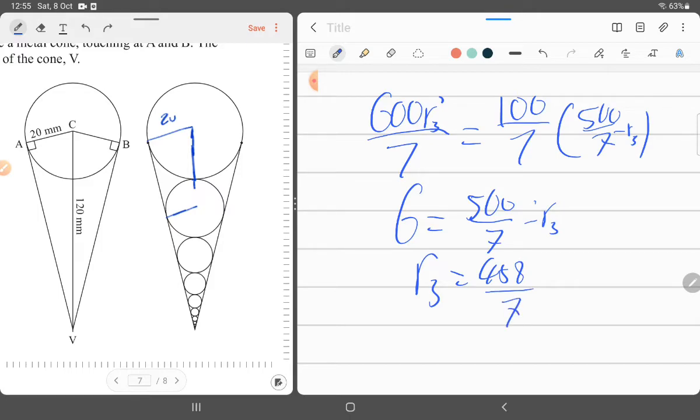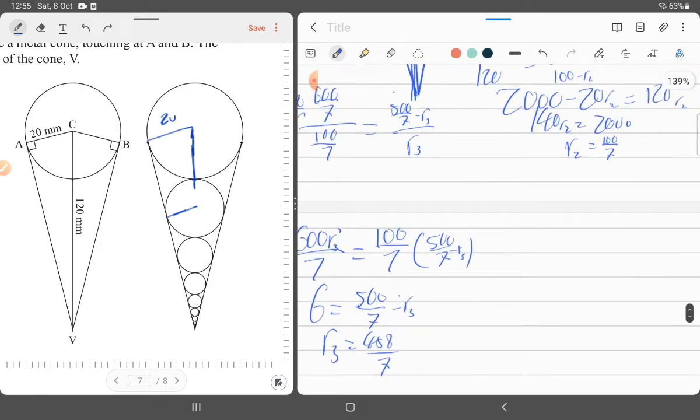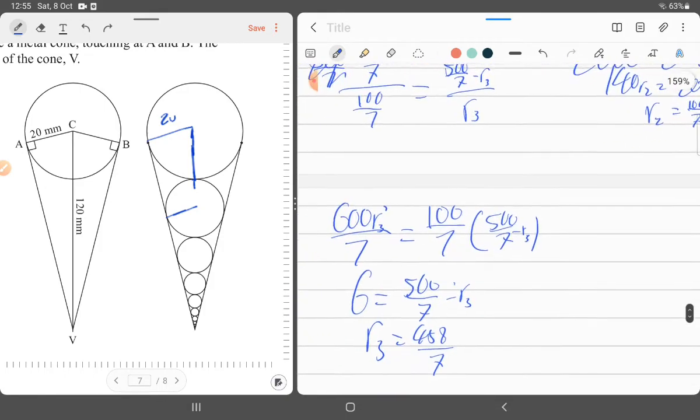I'm not sure if that is true, because it seems like a really awkward number to play with.